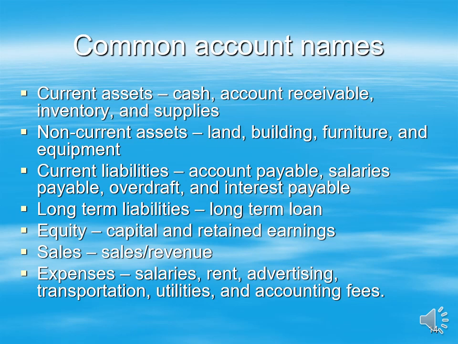For non-current assets, the typical accounts are land, building, furniture, and equipment. Another one is motor vehicle. For the current liabilities, the common accounts are account payable, salaries payable, overdraft, and interest payable. For long-term liabilities, most of the time, it is the long-term loan.